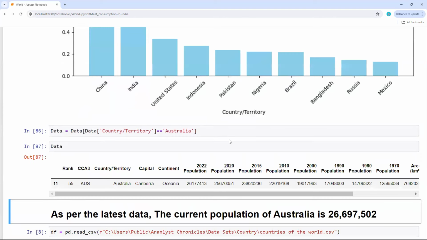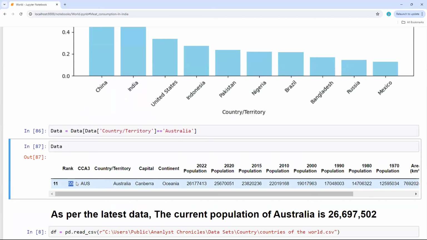Then if I look at the Australian data, you can see Australia is ranked at 55th place. If I take the entire world of 196 or 200 countries, I don't know the exact number, let's take the number as 200.